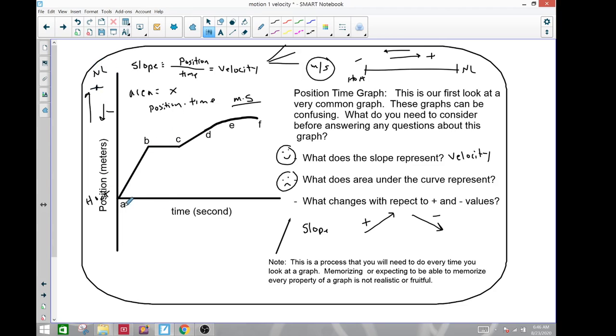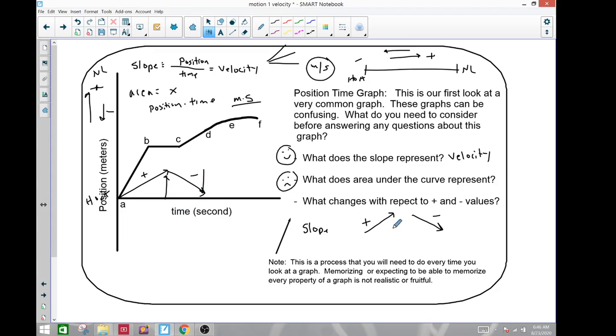So I could have a positive slope or a negative slope. Very important. What do you notice about this? In a positive slope, we're traveling net in this direction in this amount of time. In a negative slope, I'm traveling in this direction.